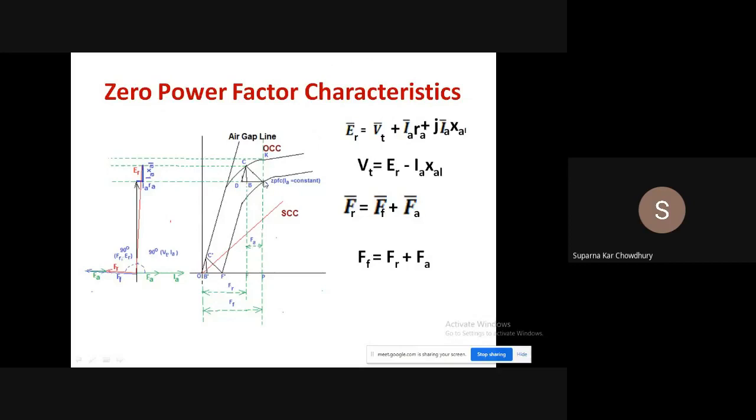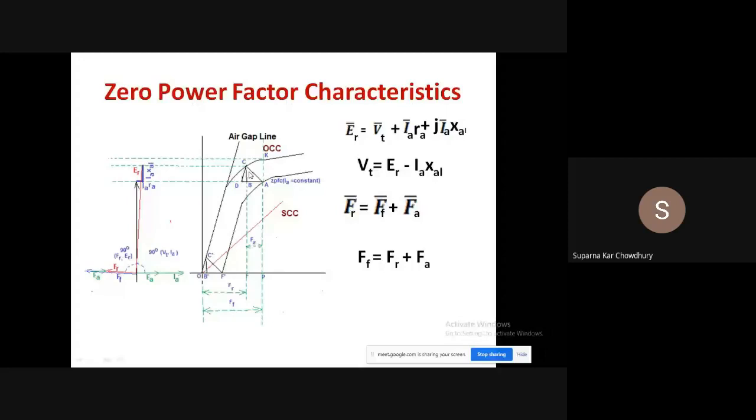So it is a plot between Vt and ... but approximately equal to the leakage reactance of the machine.